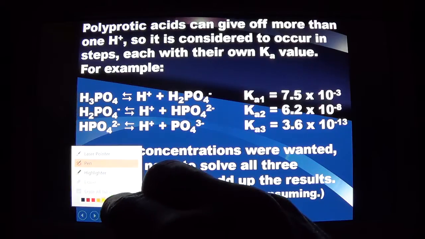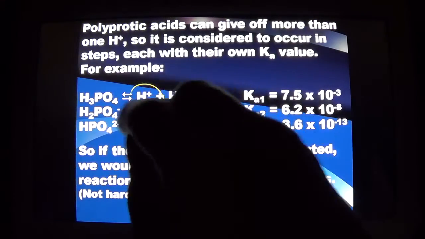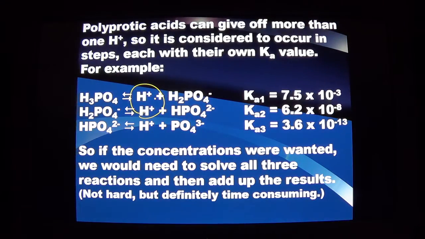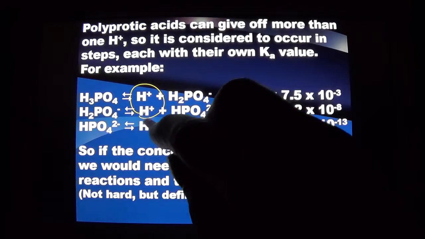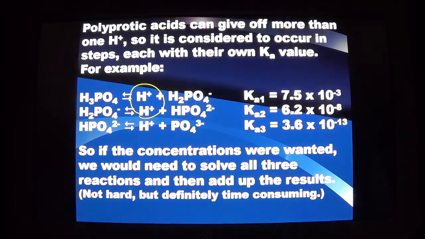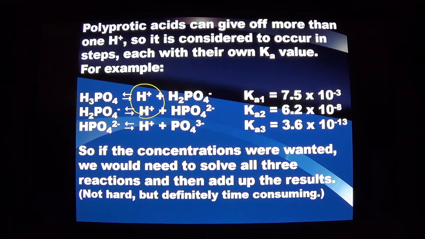I can do the first 2, add that up, and that would be all the H that is really going to be around. Because the H that would be made is so incredibly tiny, it's not even worth the effort in solving for.